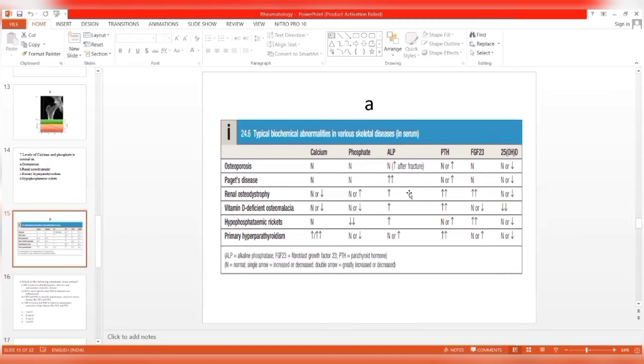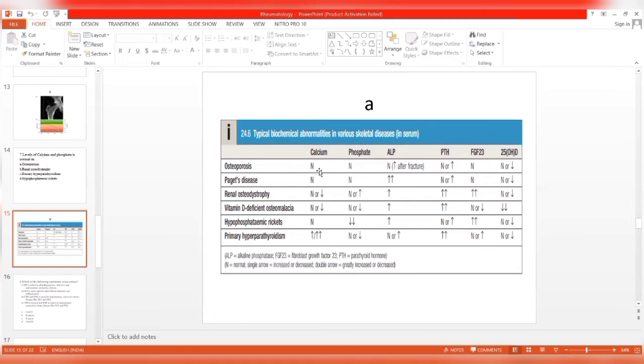So metabolism of the bone is increased and the trabeculae gets distorted. Then next, in case of renal osteodystrophy, what happens? Renal means kidney, osteo means bone, dystrophy means destruction.